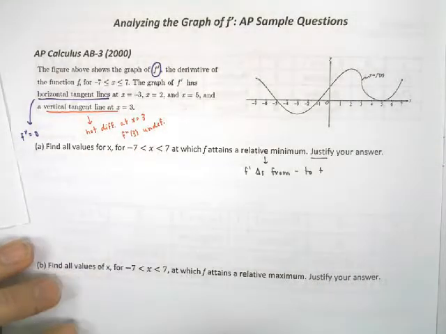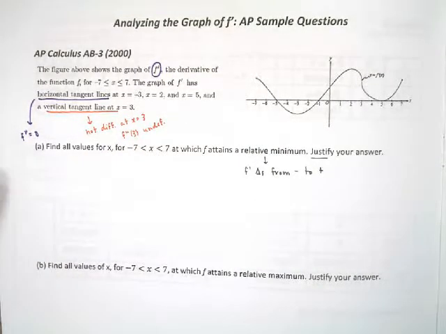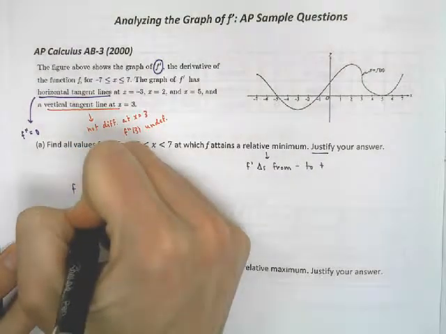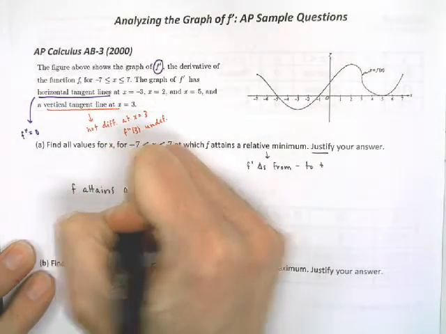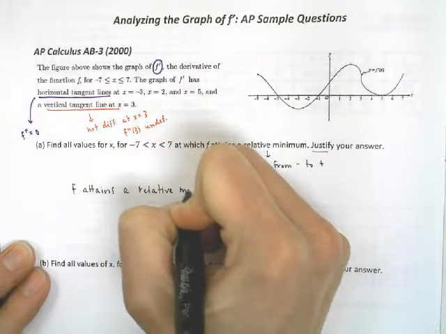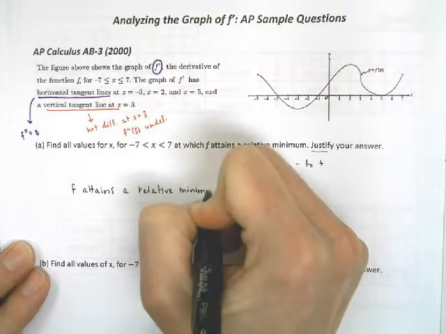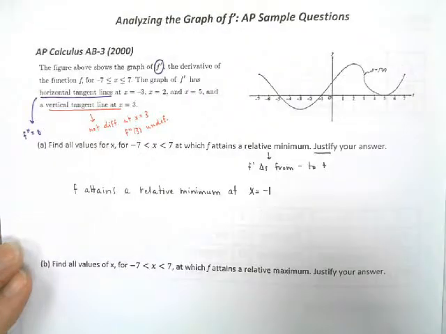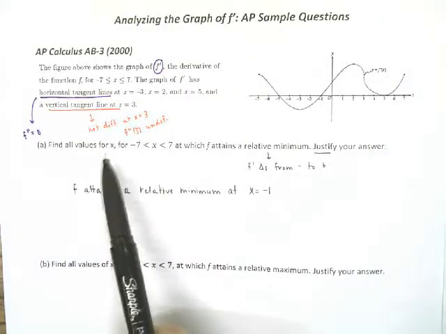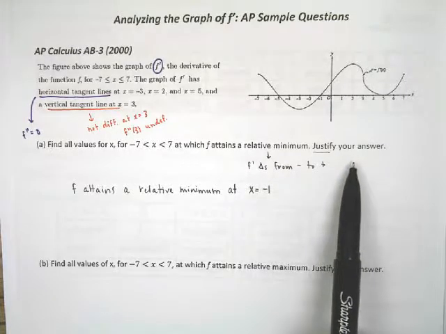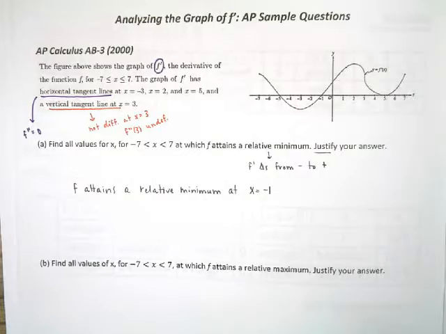So I would say, and here I always answer in full sentences, f attains a relative minimum at x equals -1. That's finding the value of x where it happened, and now I have to justify it. We're just going to justify it using exactly what we said here.